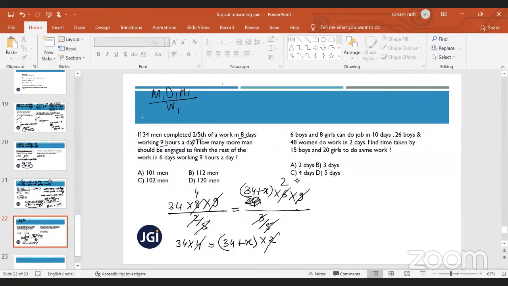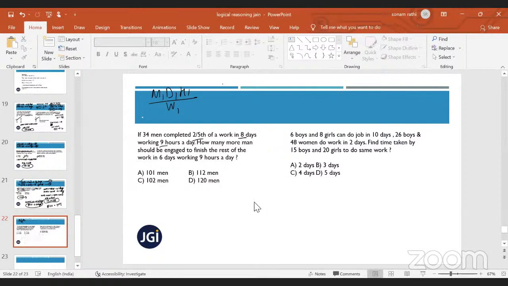Have I done the calculation correct? The calculation looks correct. Something else is wrong. I am not able to get it. Can you see that? Okay, let me do it again.